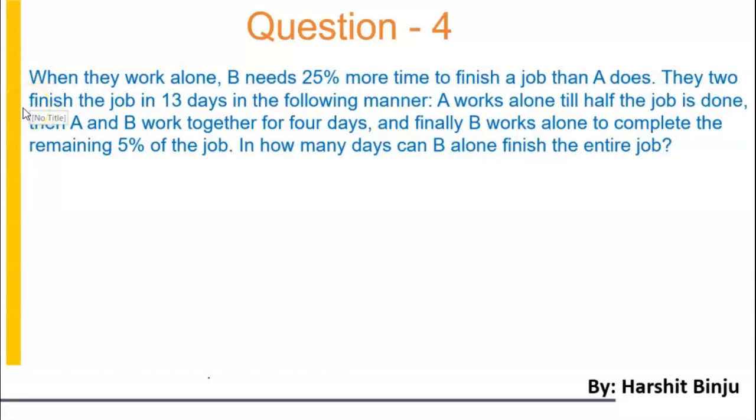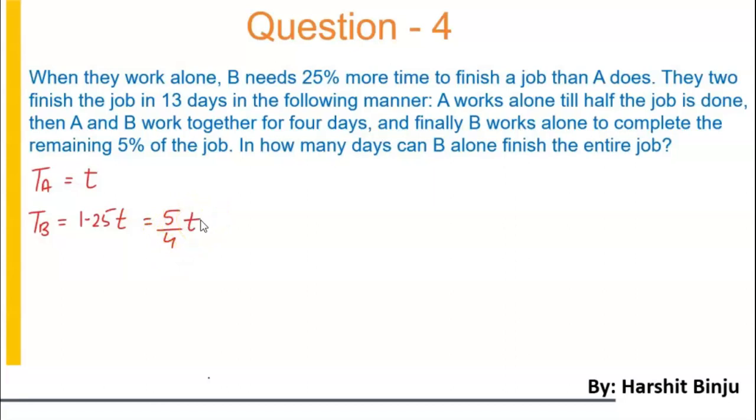So when they work alone, B needs 25% more time to finish a job than A does. So let's say the time taken by A is T, then time taken by B will be 1.25T, which is also equal to 5T by 4.